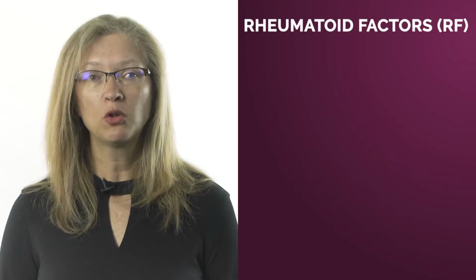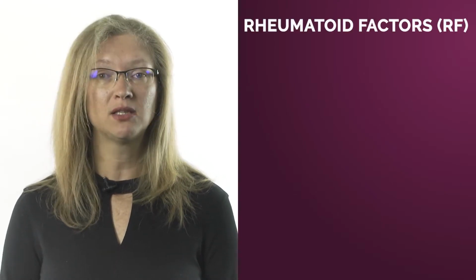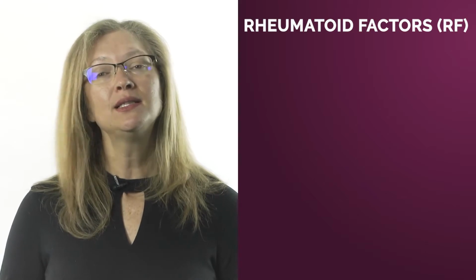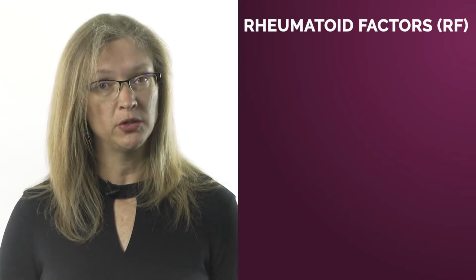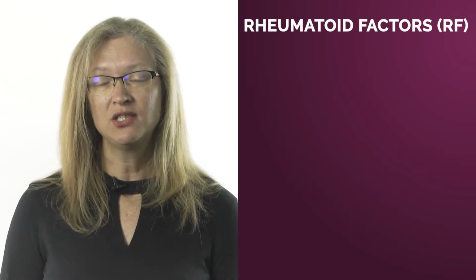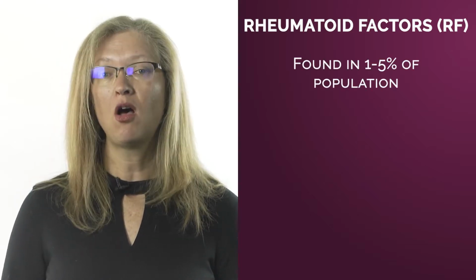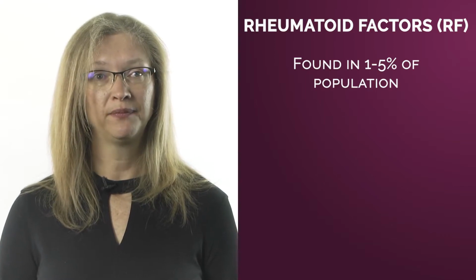Let's discuss the laboratory tests done to help to diagnose rheumatoid arthritis in more detail. Firstly, rheumatoid factor, abbreviated as RF. This is an older test with a lot of drawbacks, but it is still used. Firstly, it is found in up to 5% of the normal population.